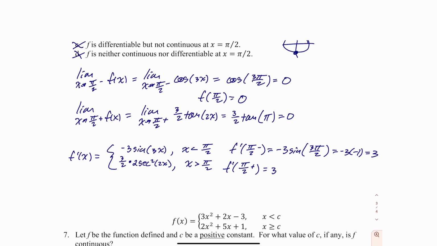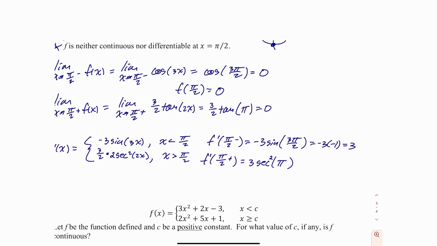And then the secant of pi over 2 times 2, which is the secant of pi, secant squared. Okay, 3 secant squared of pi. The cosine of pi is -1, which means the secant is also -1.